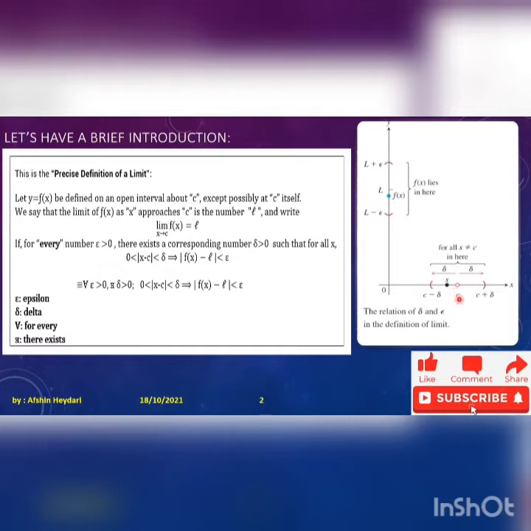I show this point as a hollow point, and it is located at the center of this open interval starting from c minus delta to c plus delta. This is an open interval except possibly at c itself.